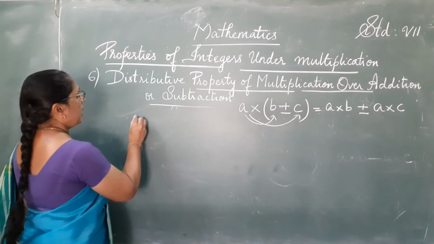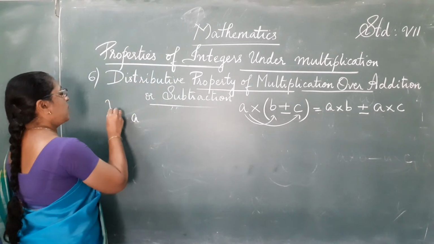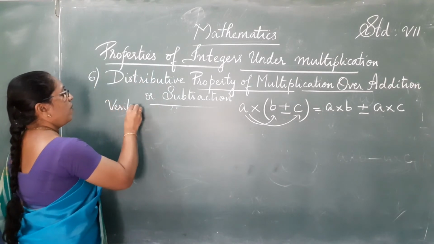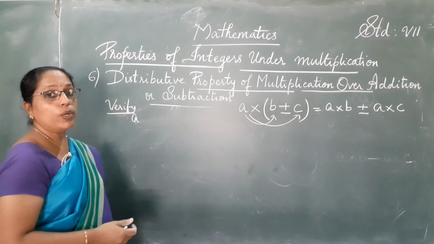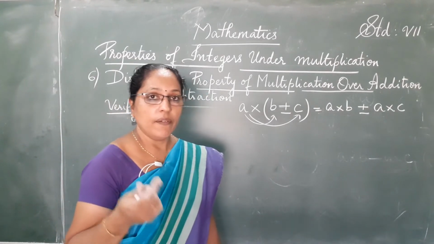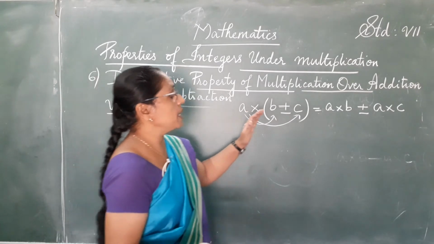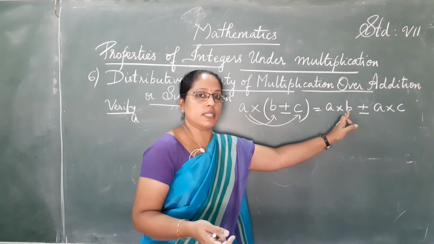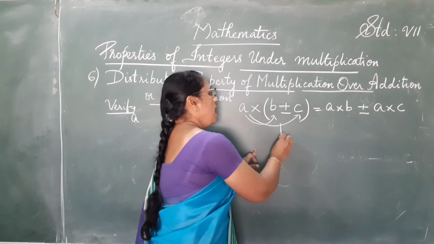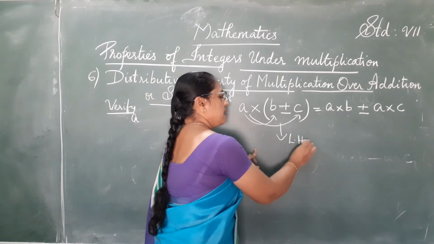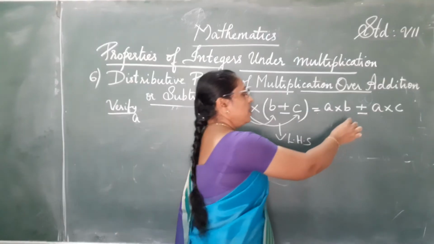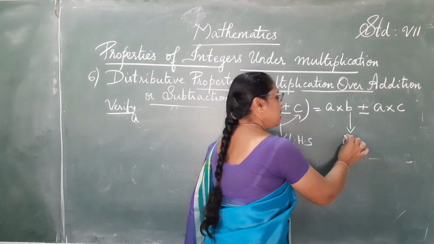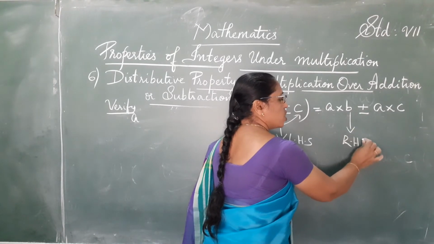The question says verify. Do you know what we mean by verify? Verify comes when the property has two parts. Here the property has two parts. This part is called the left hand side, LHS, and this side is called the right hand side, RHS.